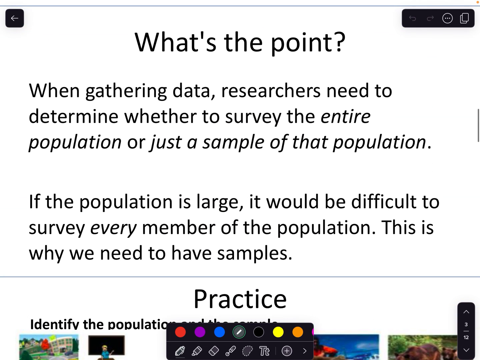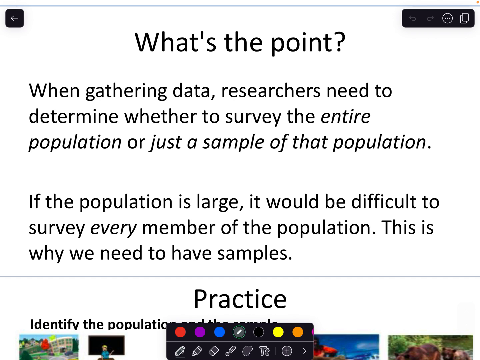So, why do we care about samples and populations? Well, it says when gathering data, researchers need to determine whether to survey the entire population or just a sample of that population. If there's a lot of people or a lot of things, it might be really hard to sample everybody or everything, right?